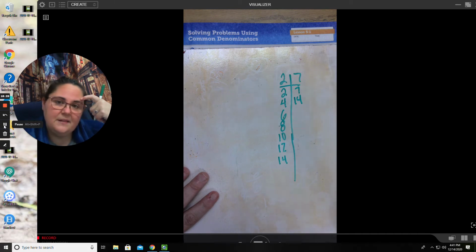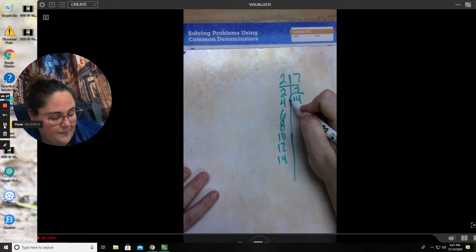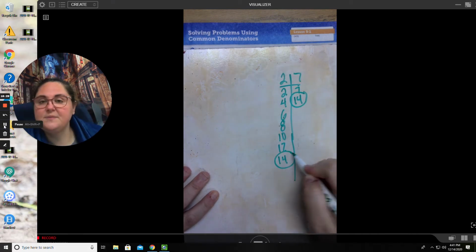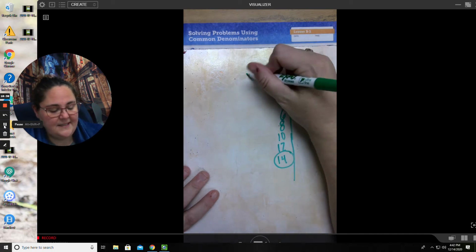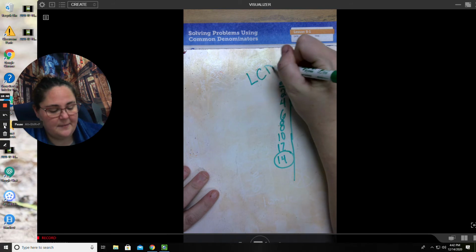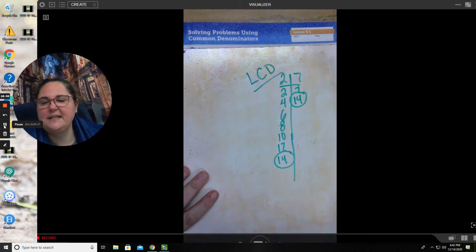The reason why I'm stopping there is because now I have a number that is in both columns. That tells me that I now have a common denominator. This is also called your least common denominator. Sometimes you'll hear that as the LCD.